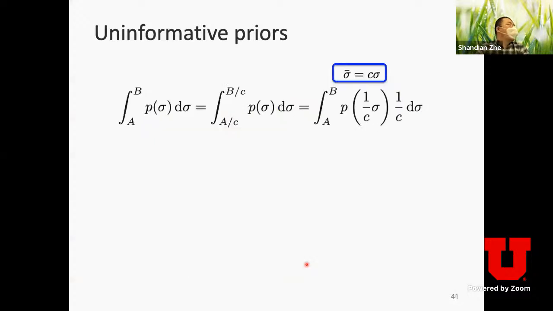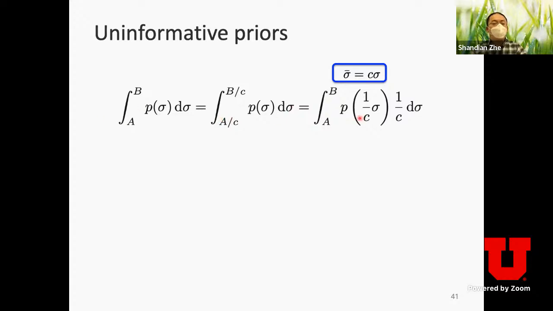Again, just apply the integral variable transformation. If you define a new integral variable sigma bar, which equals c times sigma, then when sigma takes a over c, sigma bar takes a, and when sigma takes b over c, sigma bar takes b. Then you just replace sigma in terms of sigma bar. Of course, for the derivative you need to do some transformation.